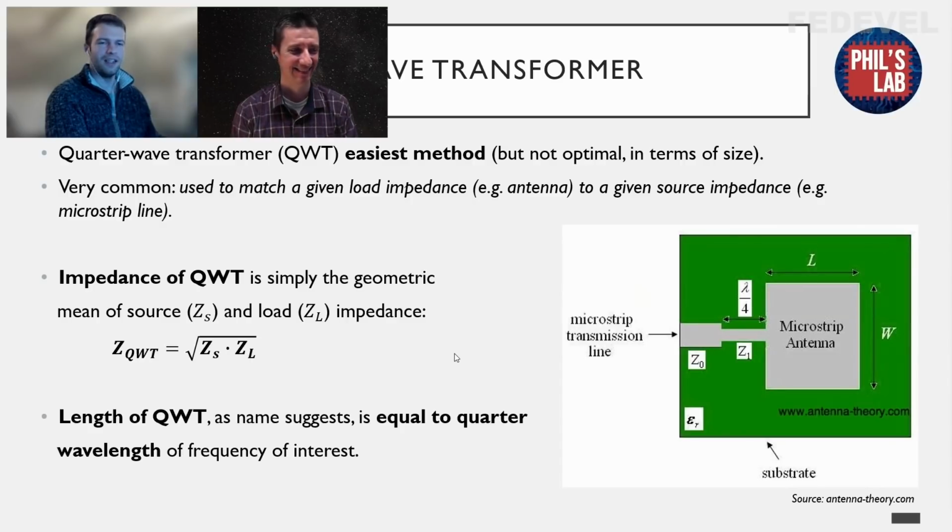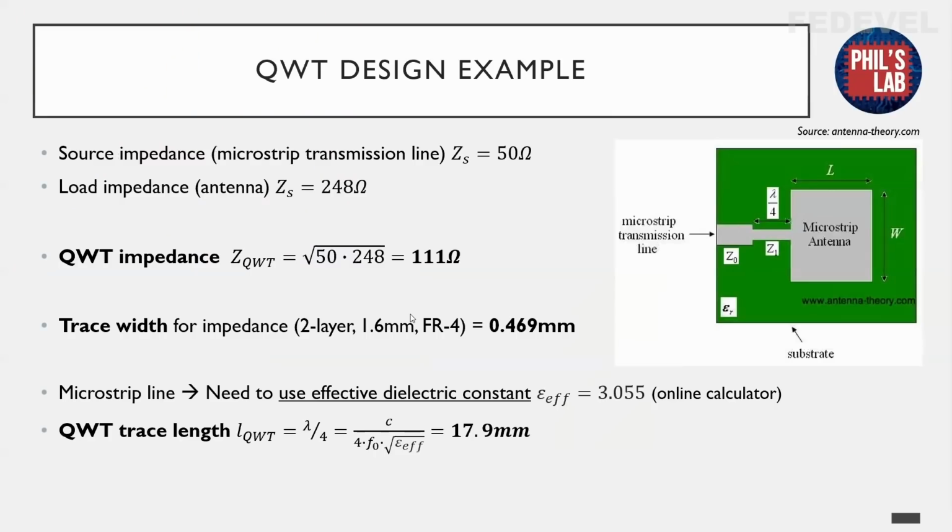Exactly, yeah. It's quite a neat result, to be honest. You know, quarter wavelength, and then you have a product of these, you take the square root, and that seems to be it. So this is a fairly straightforward way of doing it. We also know the source impedance, which we want to be 50 ohms, and we know the load impedance via the calculator from the antenna, which should be about, what, 250 ohms-ish. And basically, we then just plug in those numbers and hope for the best.